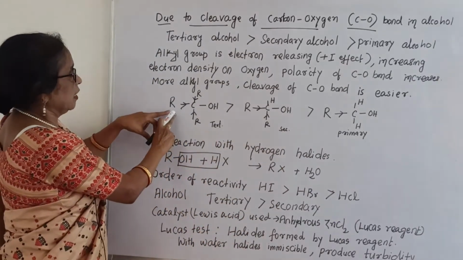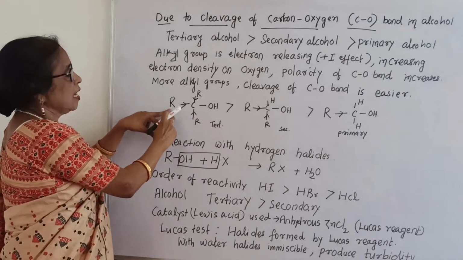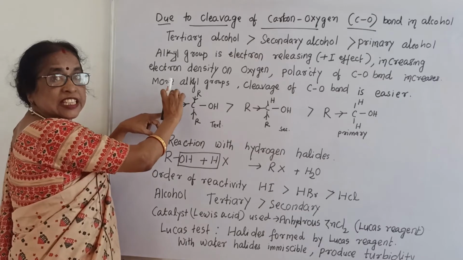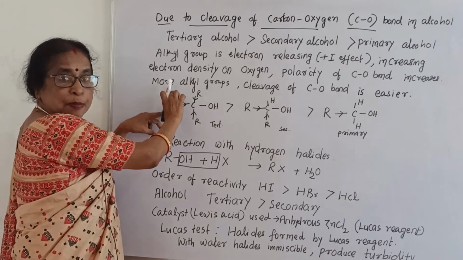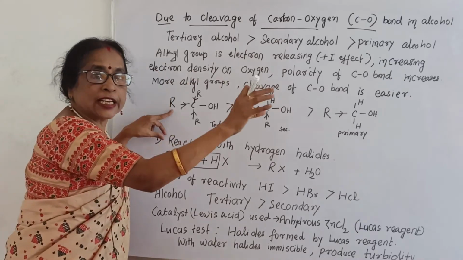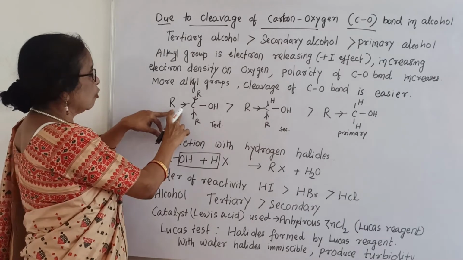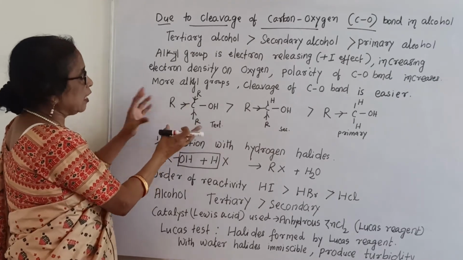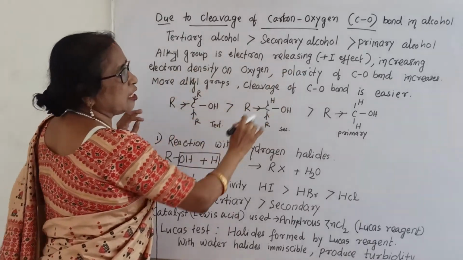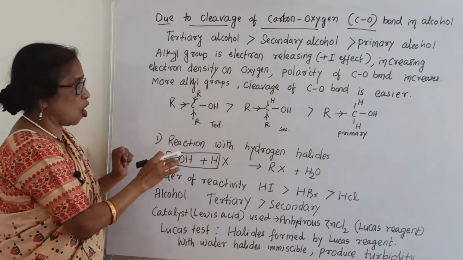Here you can see this structure, 3 alkyl groups attached, and what is meant by this arrow sign? That means they have electron releasing capacity, that is called plus I effect. Electron donating nature is plus I, electron withdrawing nature is minus I. Now due to plus I effect the electron moves towards carbon. The alkyl group is electron releasing and it increases electron density on oxygen.